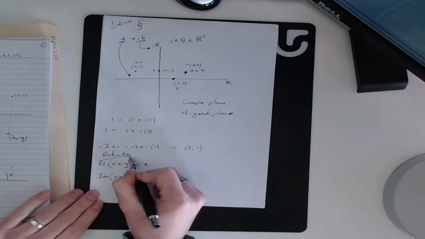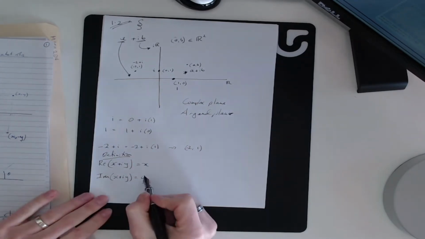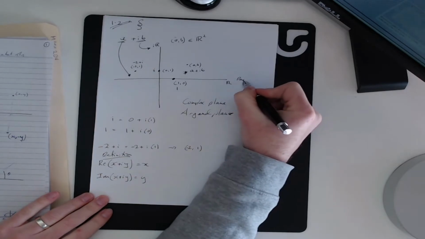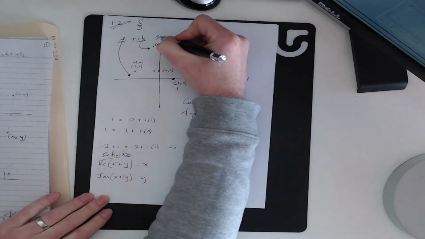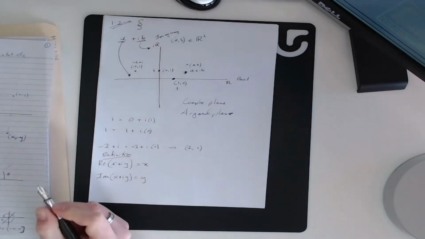That was probably earlier in the notes, and I missed it when reading through. But anyway, if you're clever people, you can figure it out. So this is the real part, and this is the imaginary part.